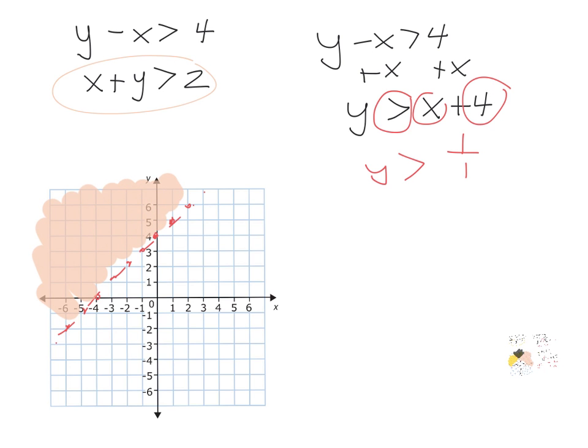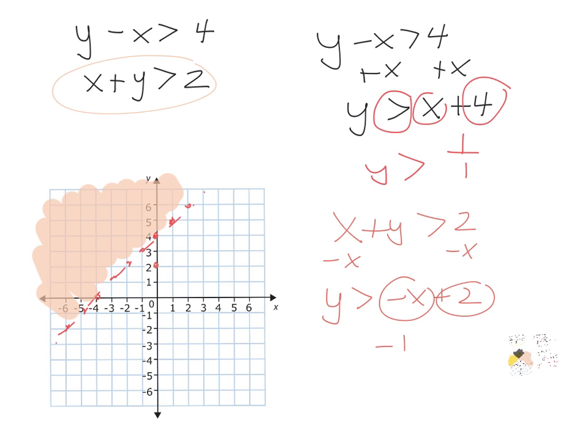Now I'm going to do the other one. x plus y is greater than 2. Subtract x. y is greater than -x plus 2. My y-intercept is 2. My slope is -1/1. That would be down 1 and to the right 1.